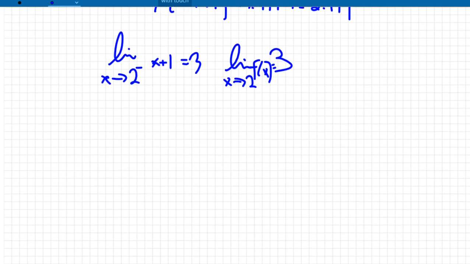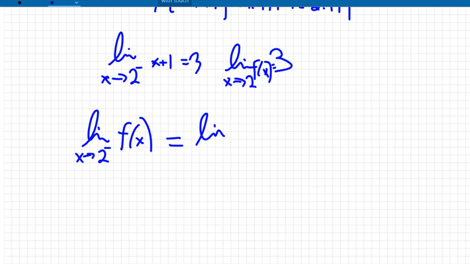And that's actually a pretty important definition you'll find out, especially when we look at a graphical approach to limits, is that to find the limit, it has to be the same for values less than 2 or less than the limit and greater than the limit. So in this case, the limit as x approaches 2 from the left-hand side of the function of x is actually equivalent to the limit as x approaches 2 from the right-hand side.